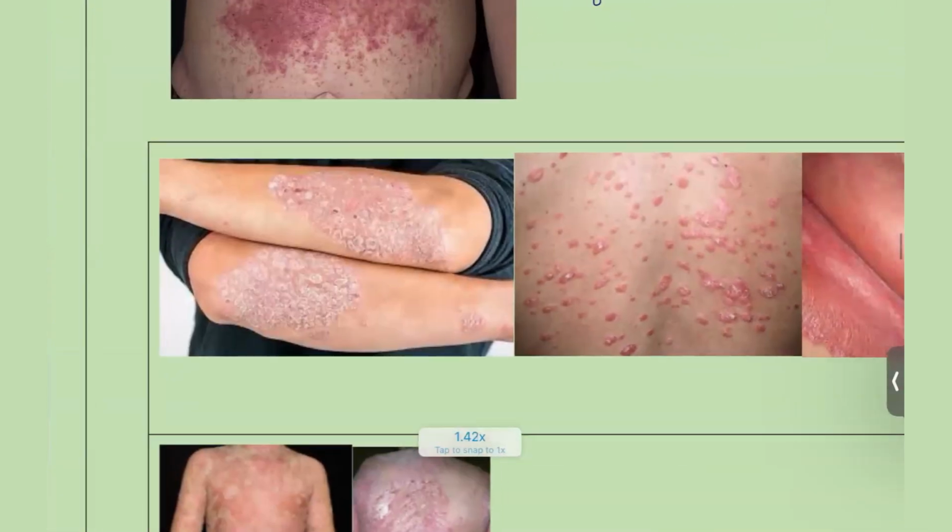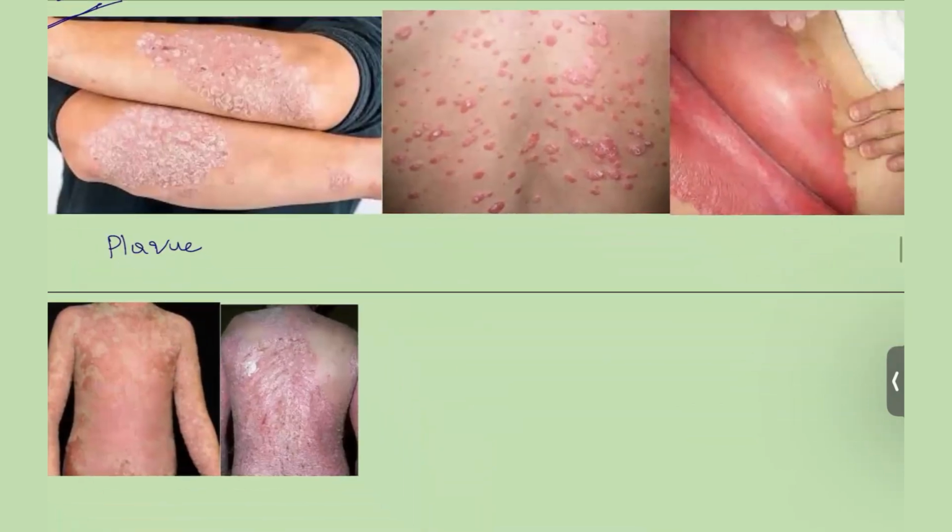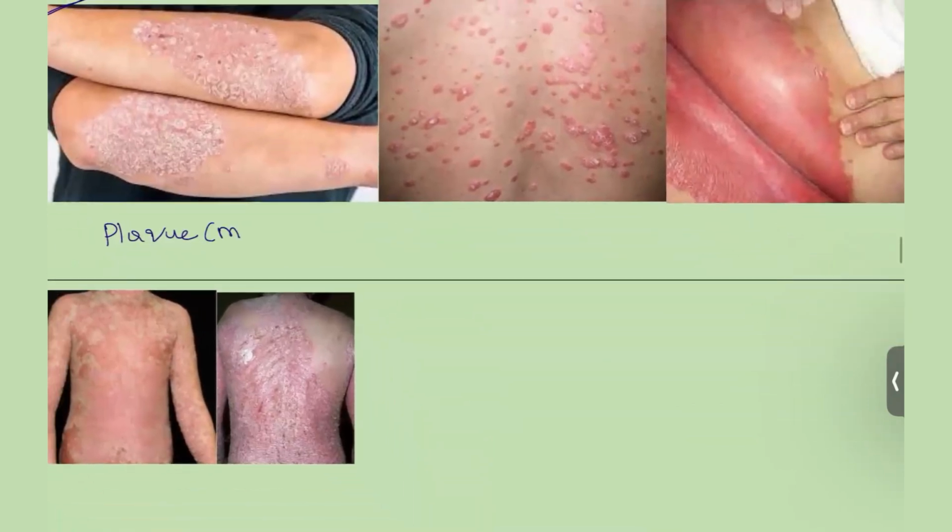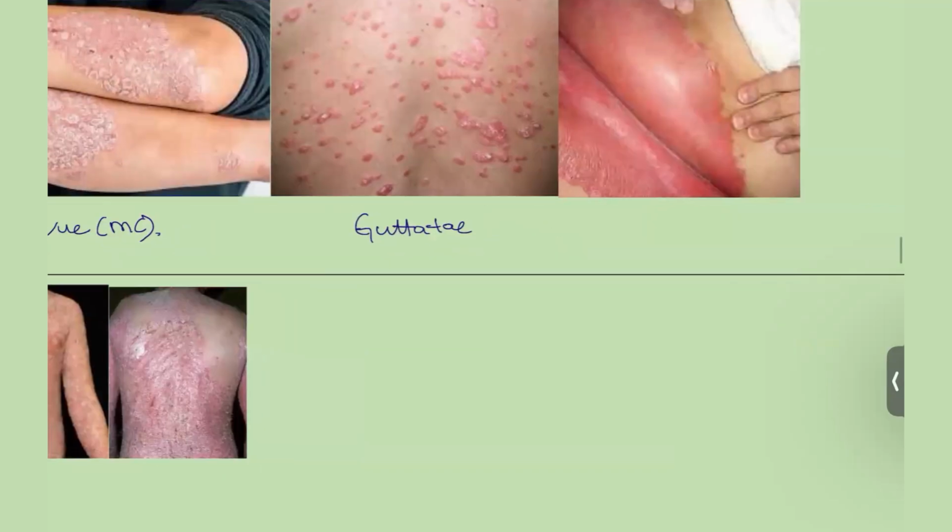Next condition, psoriasis. Let's see the types. Plaque psoriasis commonly involves the extensors and is the most common. Next, guttate psoriasis, caused by infection; systemic signs like fever are also seen in the patient.